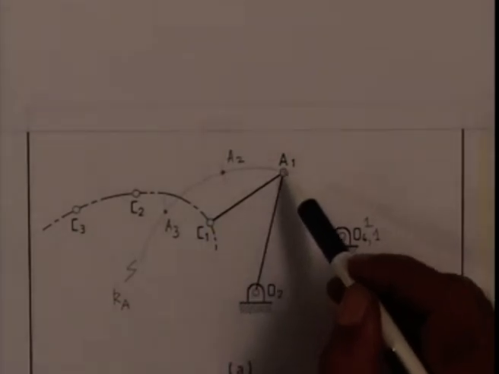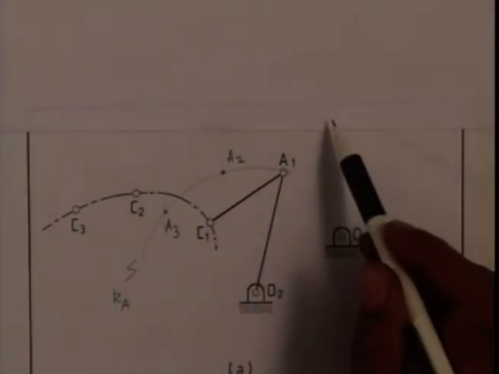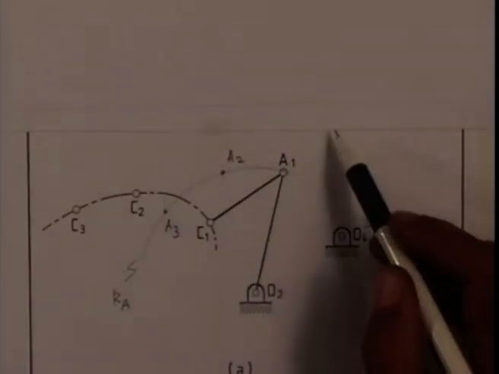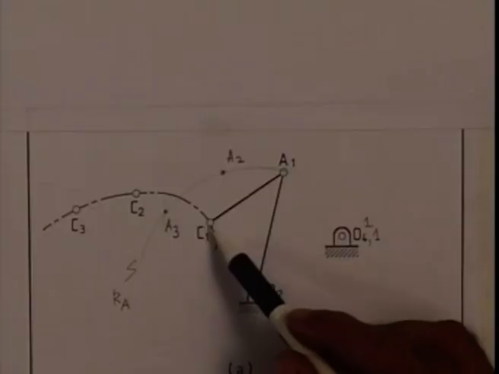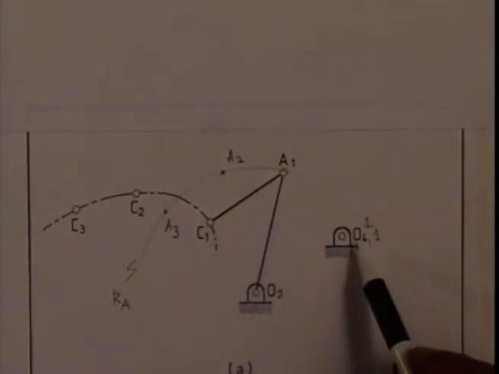So AC is one part of the coupler, ABC is the coupler. We have to determine B1 by holding the coupler fixed at its first position, that is at A1C1. We have to determine the inverted positions of this fixed hinge O4.